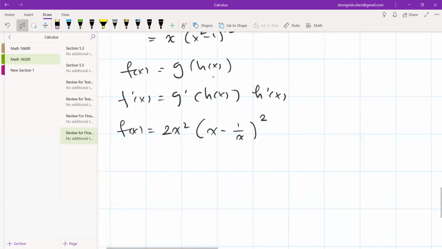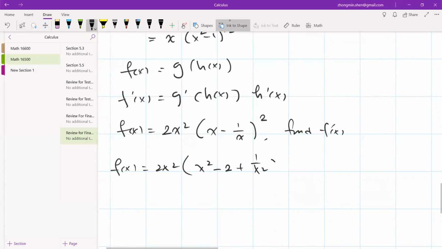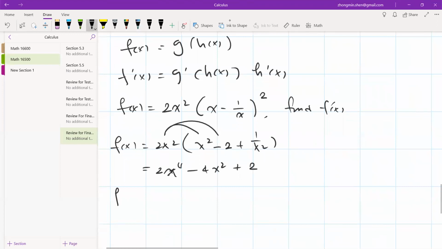If I put a 2 there, then it's easy to square it. So some students prefer to do the problem in two possible ways. Here's 2x times x, and double of that minus 2, plus 1 over x squared. Then you multiply this out: 2x to the 4th power, minus 4x squared, plus 2. Then you find the derivative very much more easily.